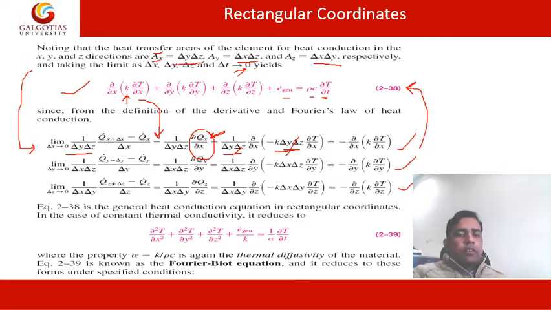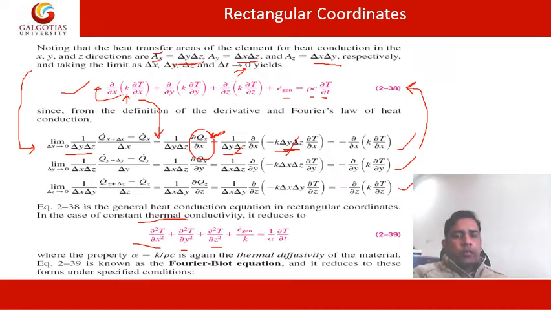So if we consider thermal conductivity to be constant, then this k will come out of this bracket. What will happen is that this term will become ∂²T/∂x², as you can see here, then ∂²T/∂y², ∂²T/∂z².